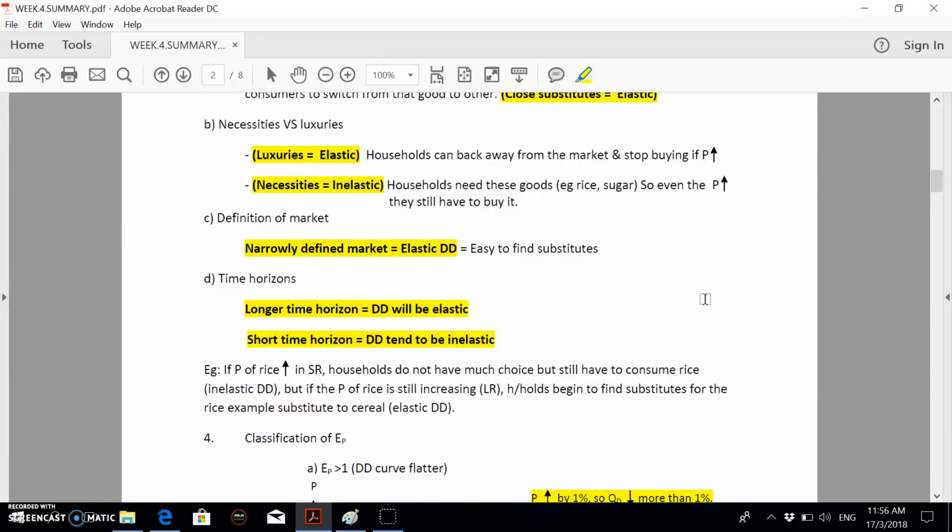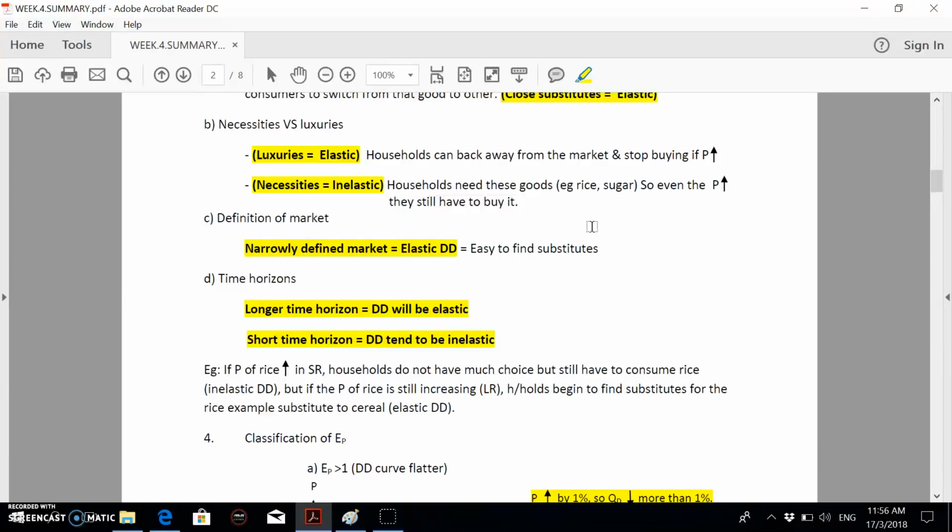In opposition to luxury goods, there are necessity goods. Necessity goods mean that you have to buy regardless of the price increase, because you need it in your daily life. For example, rice, sugar, more on food, the products that you need daily.